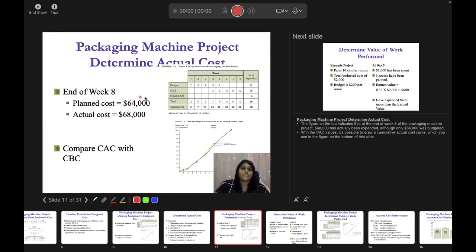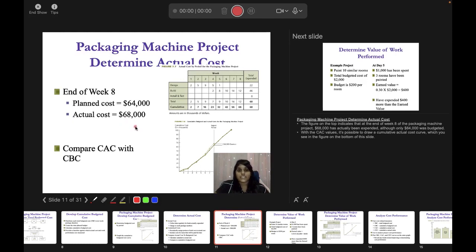Now, this amount is also rather small, right? Because your planned cost was 64,000 and your actual cost is 68,000. So the increase of cost is only 4,000.